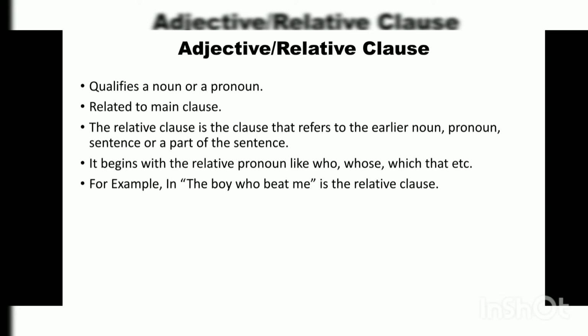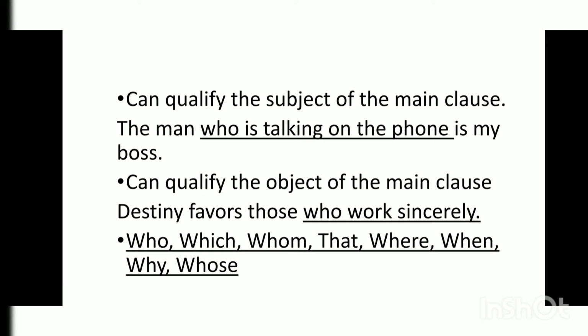Suppose there is one sentence that is the main clause, and another sentence will be connected to the main clause. So let's take a few examples so that you can clear your mind about the adjective clause. Look at this example: the man who is talking on the phone is my boss. First, the man is my boss.